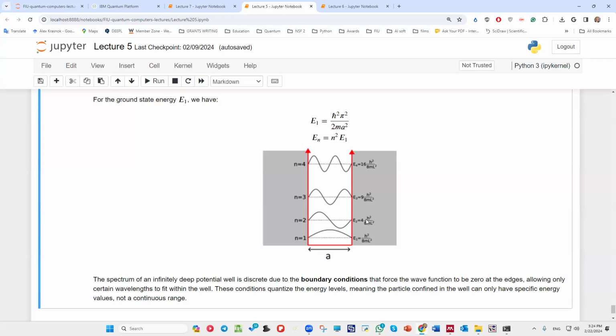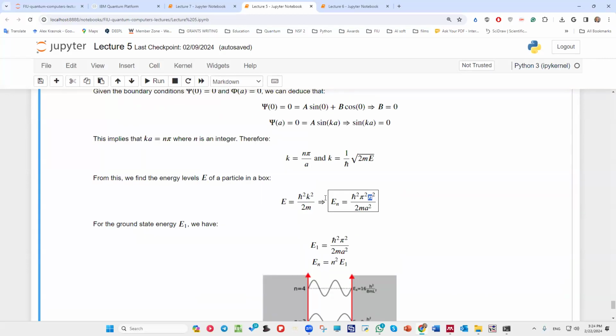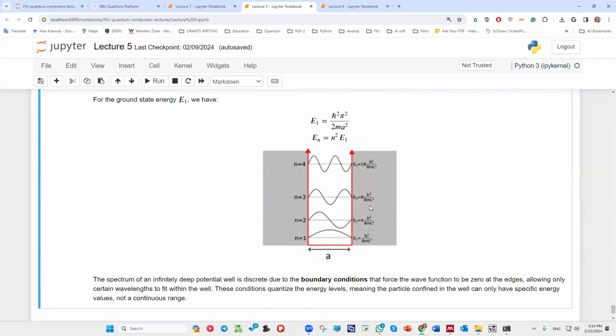The energy becomes quantized. And not only energy, the other quantities like wave number are also quantized. So when we restrict a quantum system, its spectrum becomes quantized.